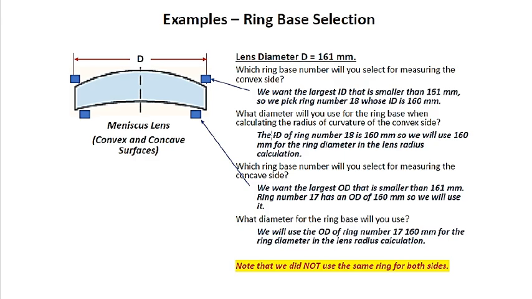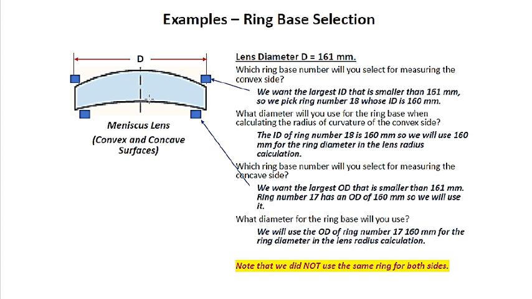Now you're going to do the same thing. Your lens diameter is given 161. Yeah, we have to come up with the ring number. So the selection of your ring base. We're going to take a look at the lens first. So your lens on this side is convex, and then on this side, okay, you have a concave surface.